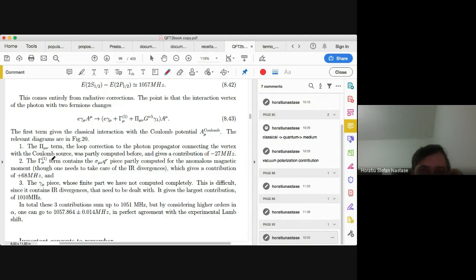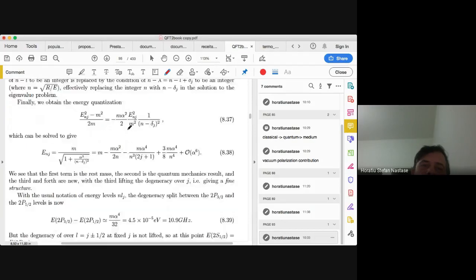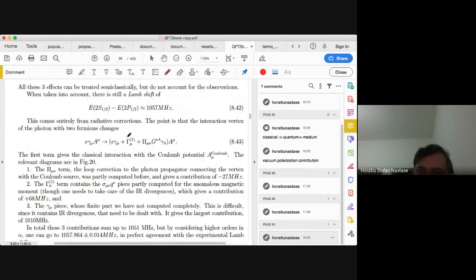So for gamma mu, we've calculated partly the sigma mu q nu part, but that needs to be taken care of because again we have infrared divergences that affect this calculation, and we have not treated yet infrared divergences.